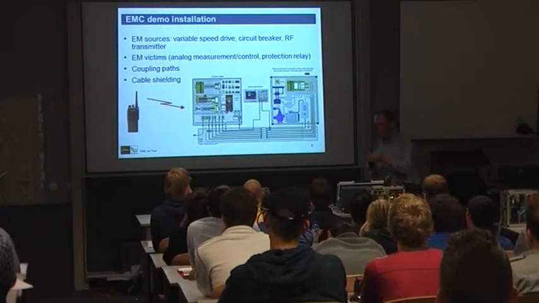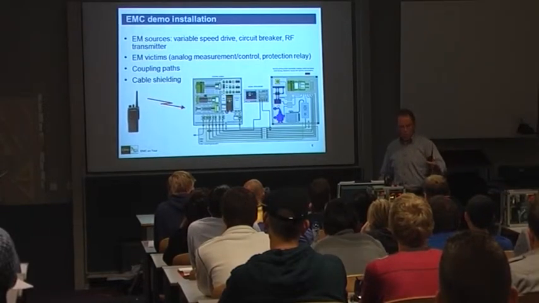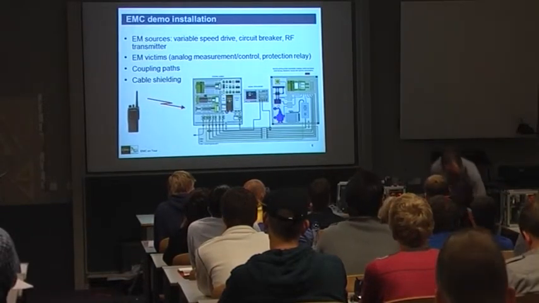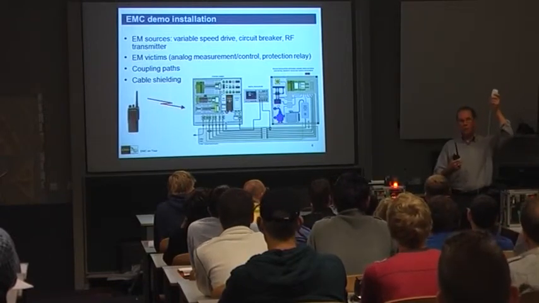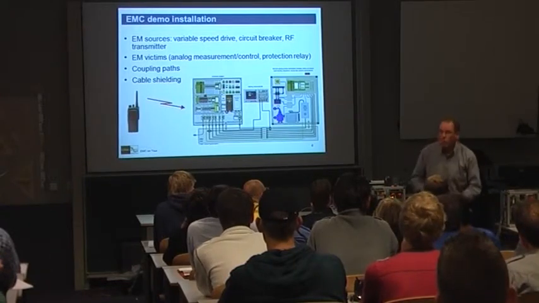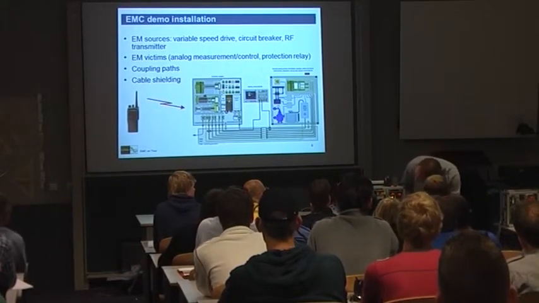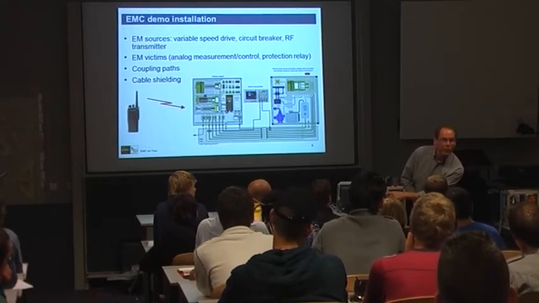I've got my transmitter here. And when I push the key, and I've got my temperature sensor here, then I'm producing an EMI problem, because my temperature, for the ones with good eyes, is this one, so 23 degrees centigrade.